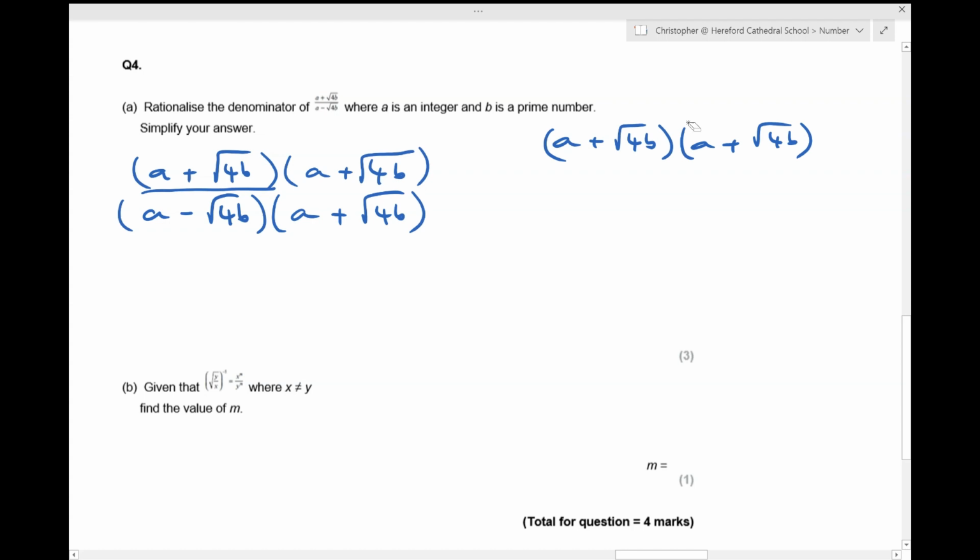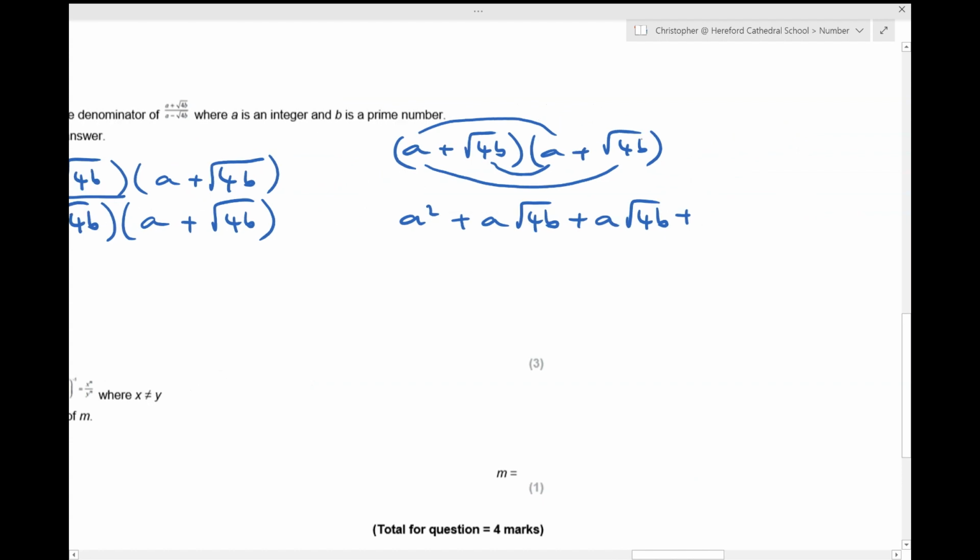So I'm obviously going to get a times a is a squared. Right, I've got a times root 4b and another a times root 4b. I'll write those down separately. A root 4b plus a root 4b. And then I've got the square root of 4b multiplied by the square root of 4b.